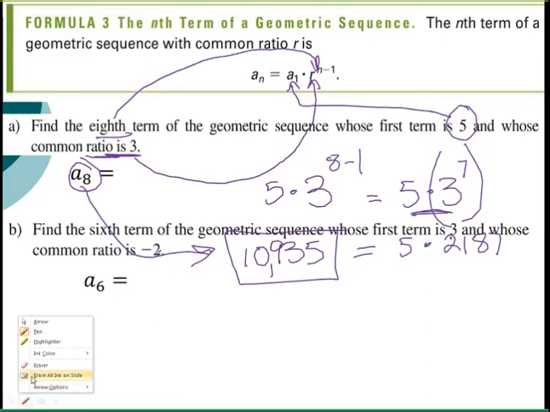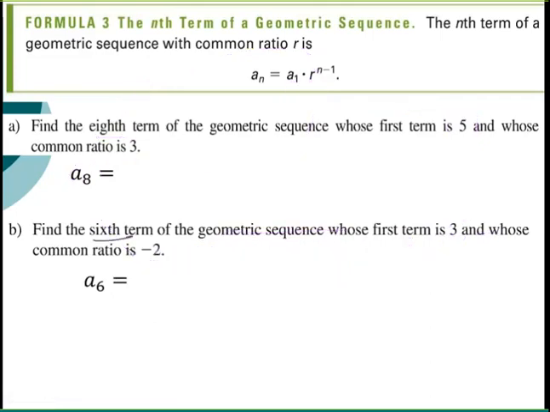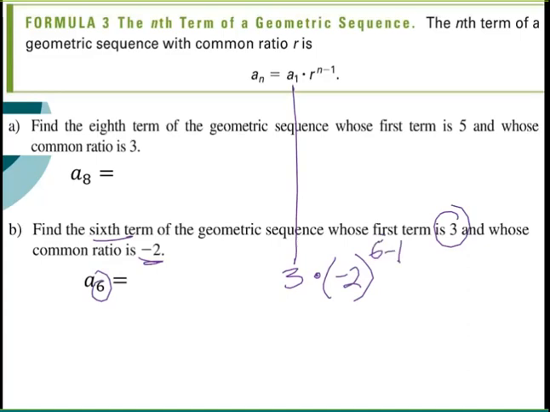Okay, so let's try to do another one. If I want to do the 6th term, and we know the first term is 3, so I say 3 is my first term, times my common ratio, which is -2. I like to put that in parentheses so I don't lose my negative. And I want the 6th term, so it's to the 6 minus 1 power, so it's just 3 times -2 to the 5th power, and you throw that into your calculator.